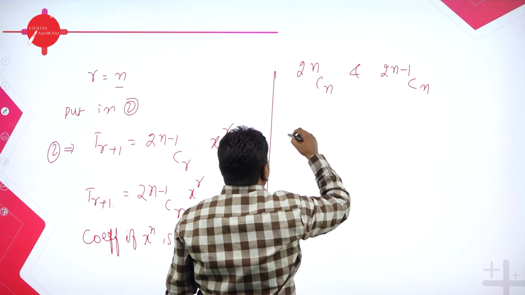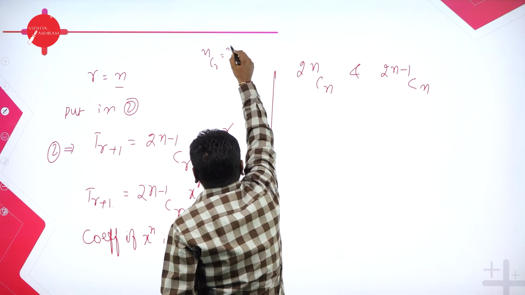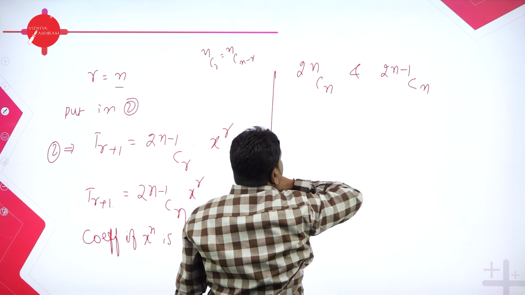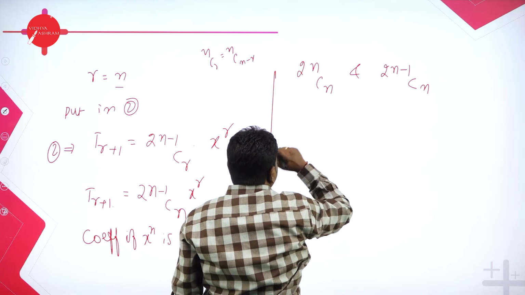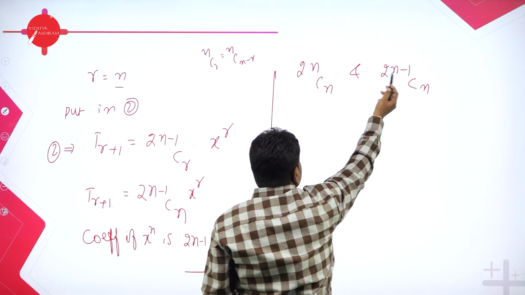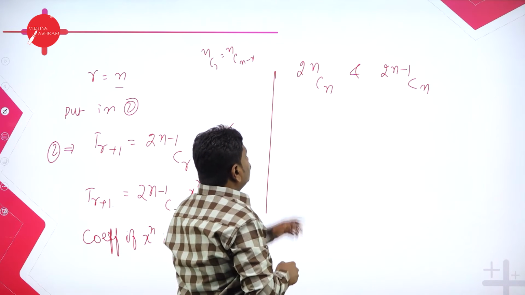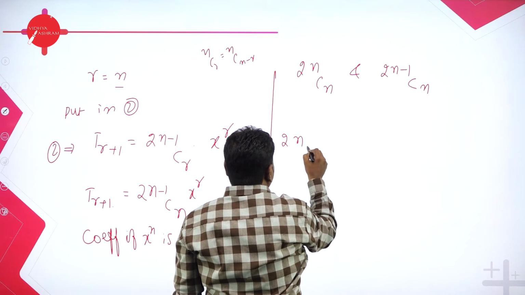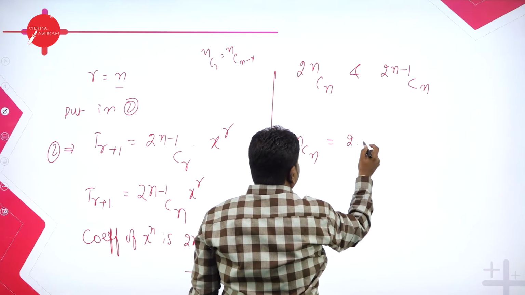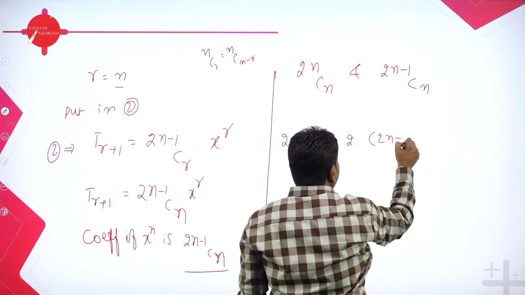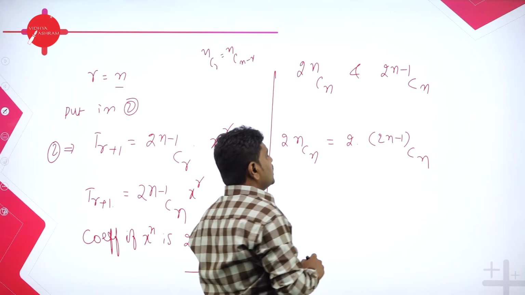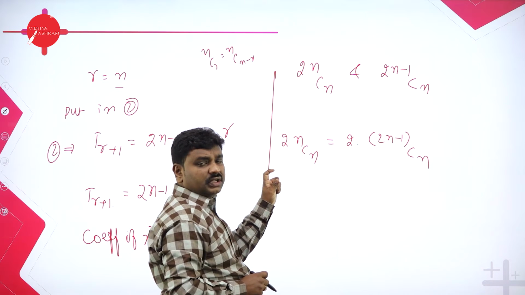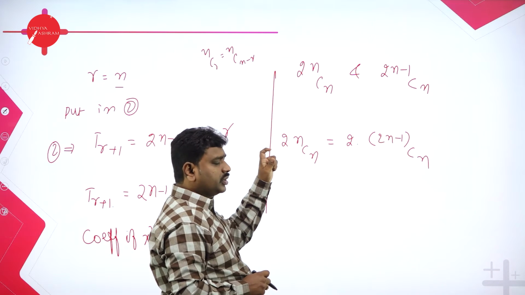Now if I want to simplify, you know nC(n−r), so 2n minus n becomes the same. Now one is double the other. Now 2n Cn and 2n−1 Cn, how are they related? This is double this. So 2n Cn is 2 times 2n−1 Cn. Now what is 2n Cn? You should start with 2n, then it goes on 2n, 2n−1 like that.